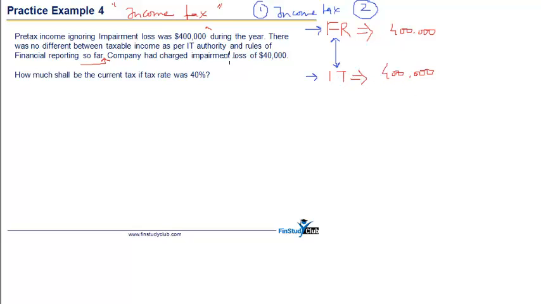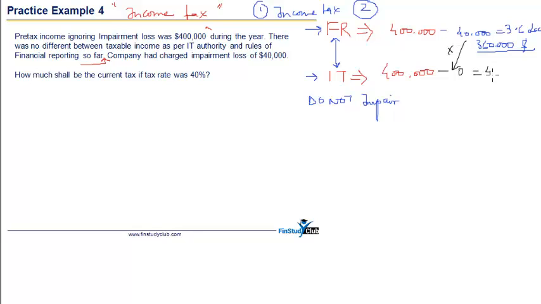So in this case, one of the practical aspects is that income taxes do not allow impairment loss as a deduction. So while my accountant would have reduced his income by 40,000 to make it 3.6 lakh or $360,000, and wants to pay tax on this, my income tax authority would not agree. They don't recognize impairment loss.